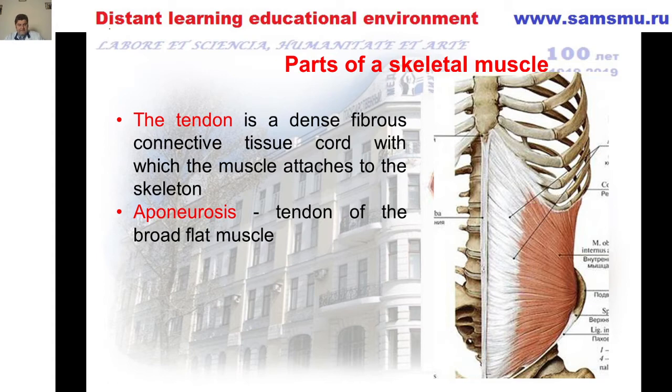So, the muscle as an organ has a complex structure. The muscle includes not only striated muscle tissue, but also the connective tissue that forms the stroma of the muscle, tendons, and blood vessels. Muscles are subordinated to the nervous system through motor and sensory nerves, which branch and end at motor endings.